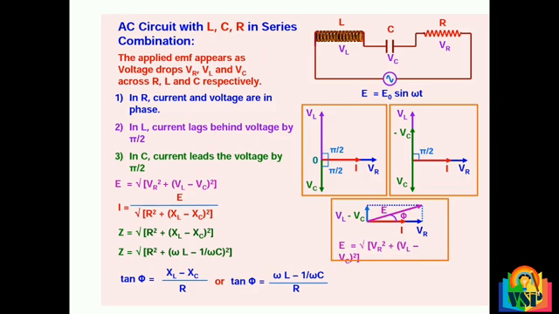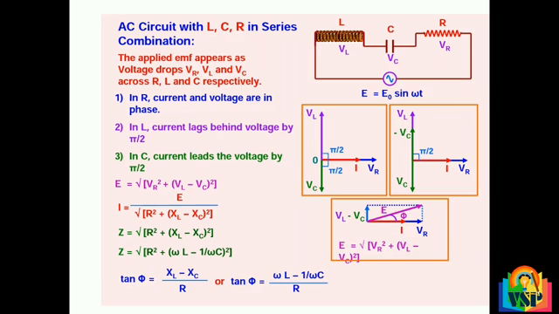Coming to the fourth diagram, see here VL minus VC and VR are there. From the origin, the resultant will come. Based on that, we can find the magnitude using the Pythagoras theorem. E is equal to root of VR square plus VL minus VC whole square.